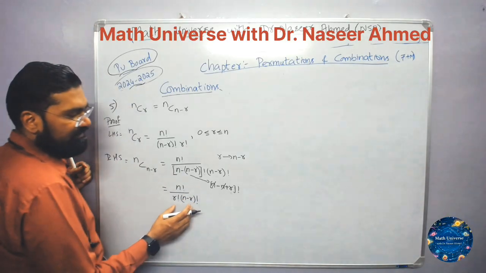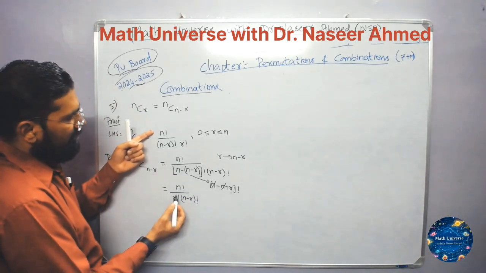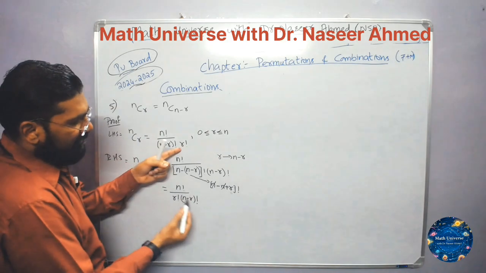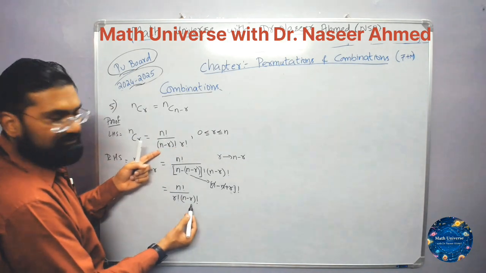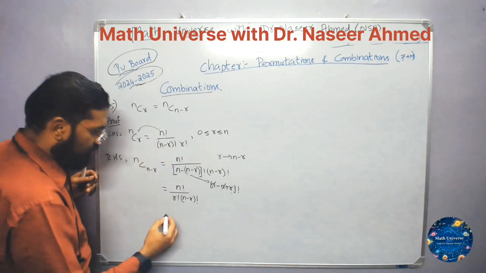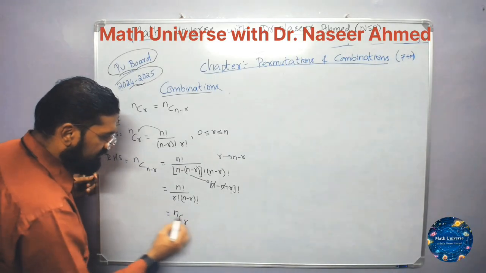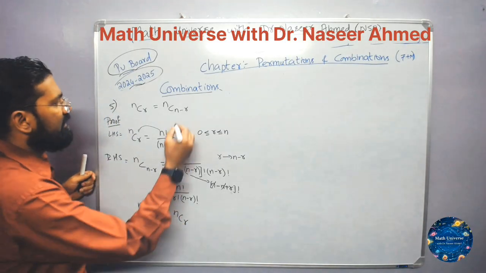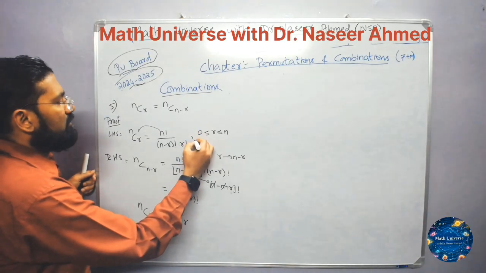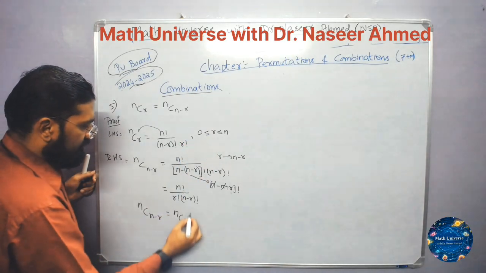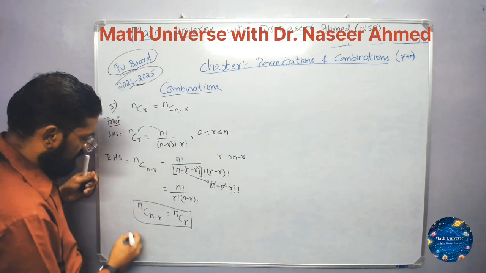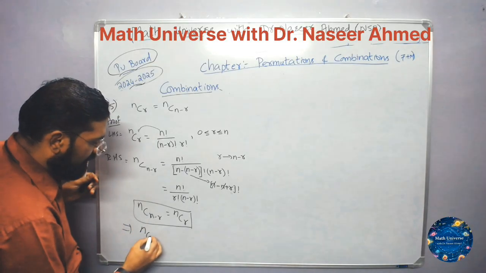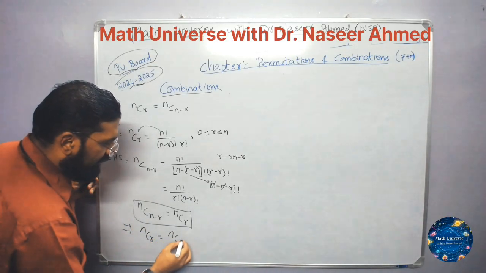See carefully, this and this both are the same. n factorial, r factorial is here, and (n minus r) factorial is here. Nothing but nCr. We have proved it. From the formula we have got left is equal to right. nCr is equal to nC(n minus r).